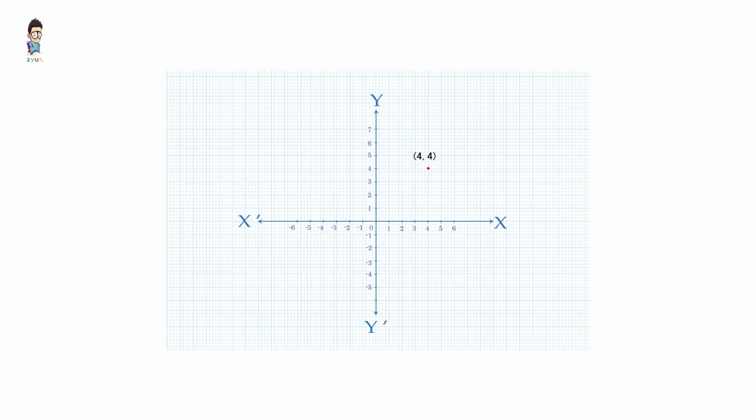This implies that this point lies in the first quadrant and its position is given in the figure. Now, consider the point 0, -3.5. Here, the x coordinate of the point is 0. This implies that this point lies on the y-axis and this is also shown in the figure.